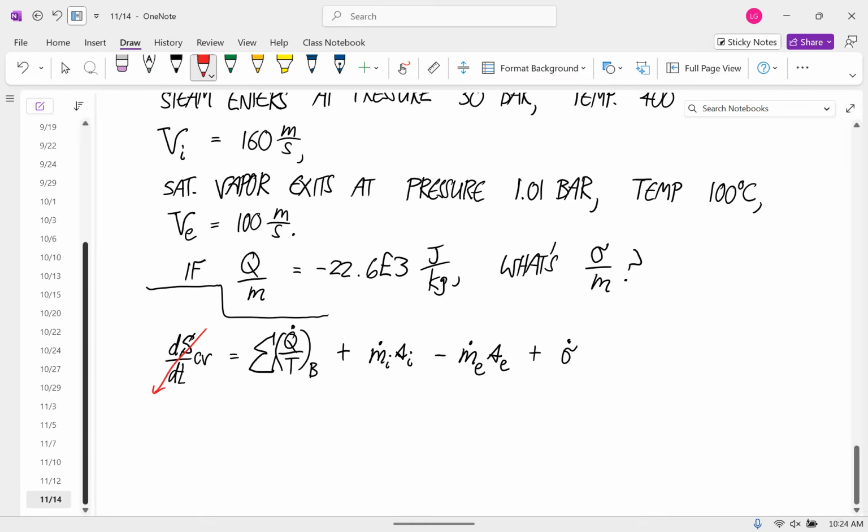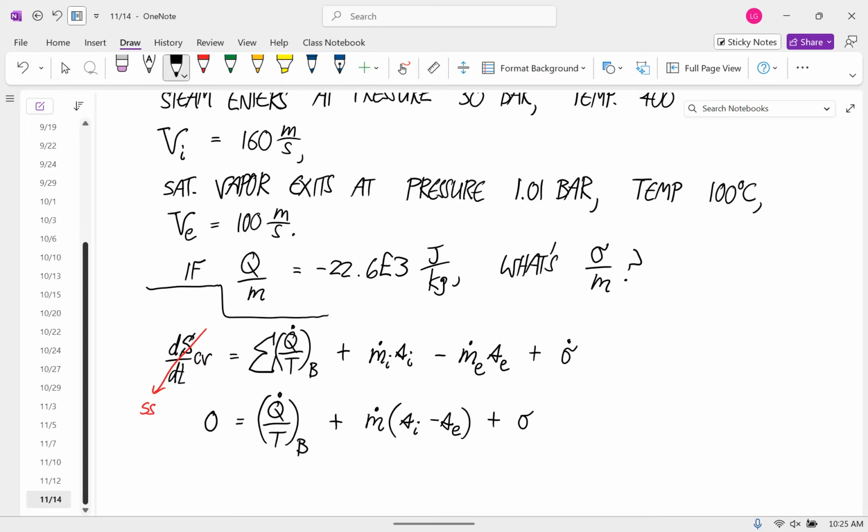And since this is steady state, this goes away. And I can write this as 0 is equal to, there's only one thing that we have to worry about here, the rate of heat over the temperature, plus m dot times the quantity S_i minus S_e, plus sigma dot.